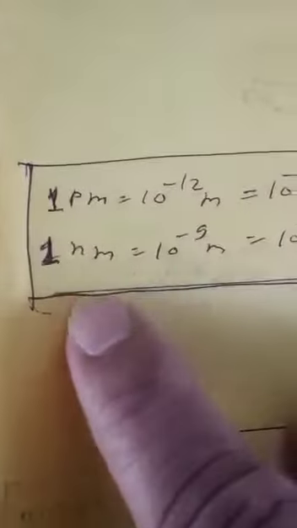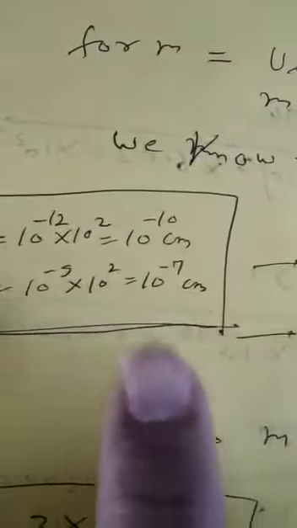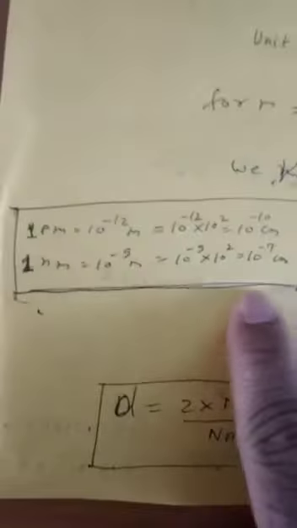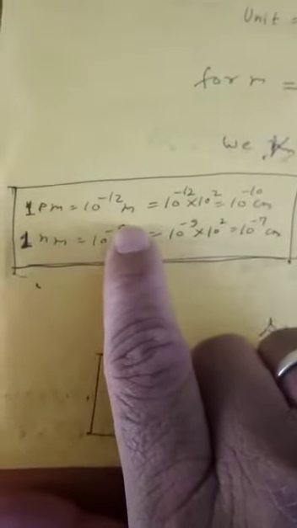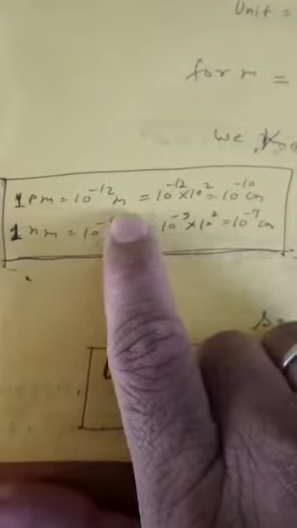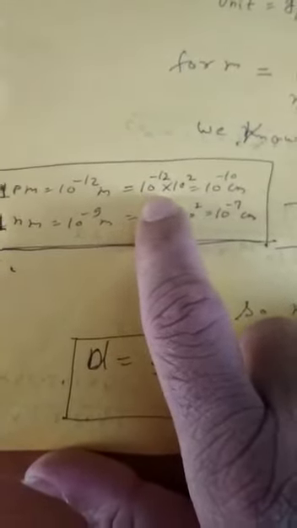Suppose you are given the value in picometer or nanometer, then you have to convert the picometer or nanometer into centimeter. It is very easy. 1 picometer is equal to 10 raised to power minus 12 meter, and 1 meter is equal to 100 centimeter, or 10 raised to power 2 centimeter.